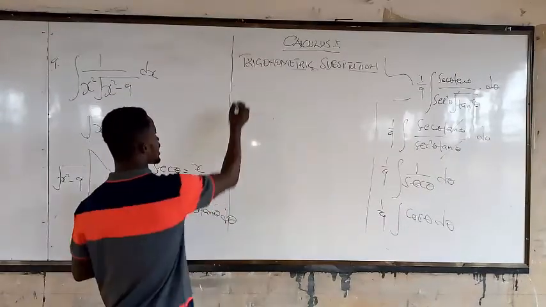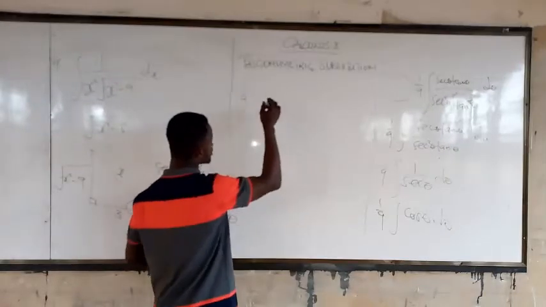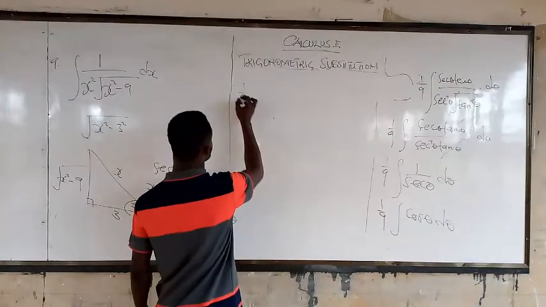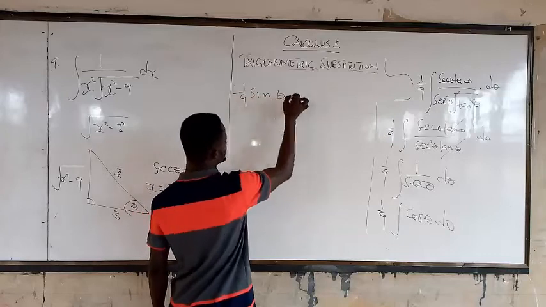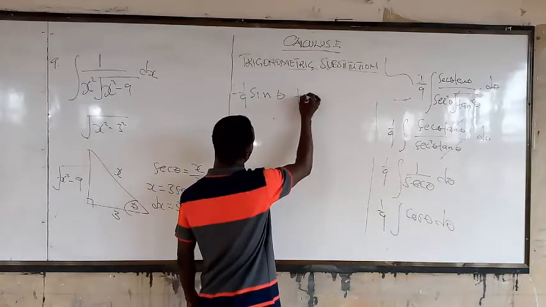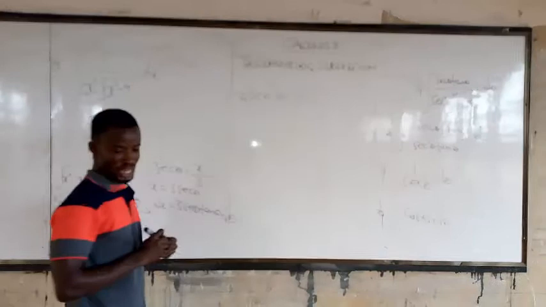So here we know that 1 over 9, when you integrate cos, you get sine theta plus c. It's indefinite, so plus c.